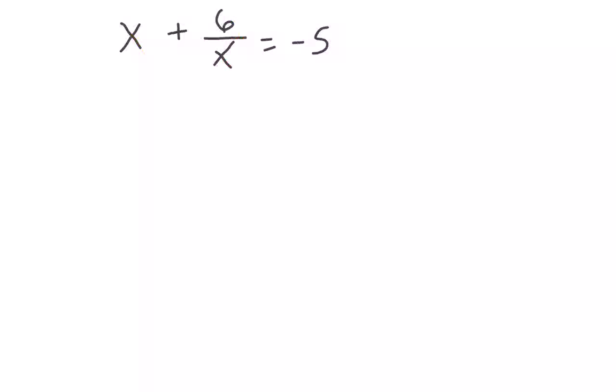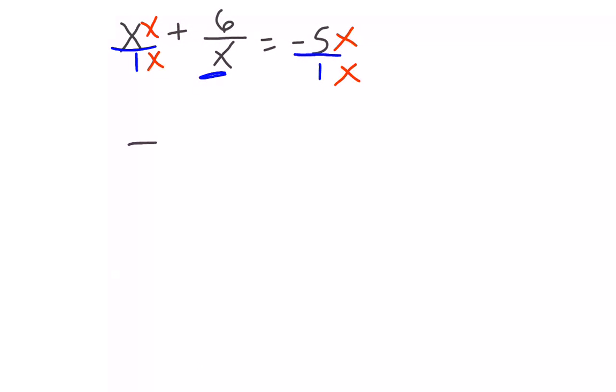In this next example, it would be helpful to think of these numbers as having a denominator of 1, in which case you can see that I need to get a common denominator of x. So I need to multiply my first fraction by x over x and my second fraction by x over x.